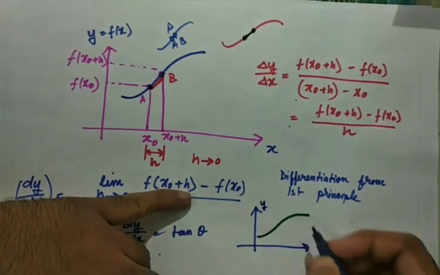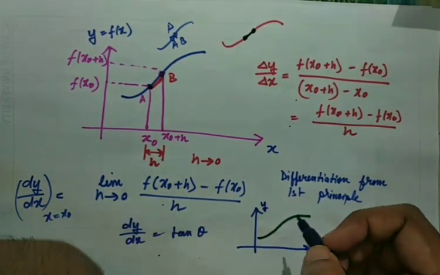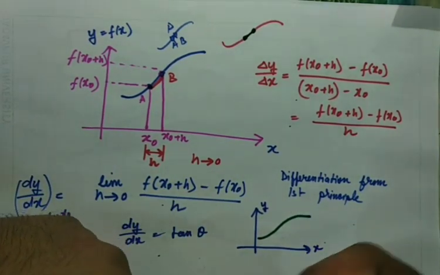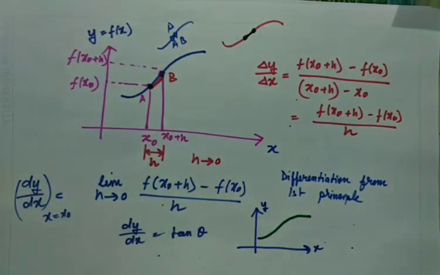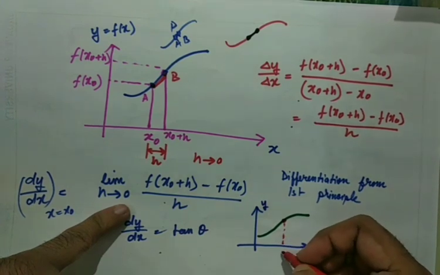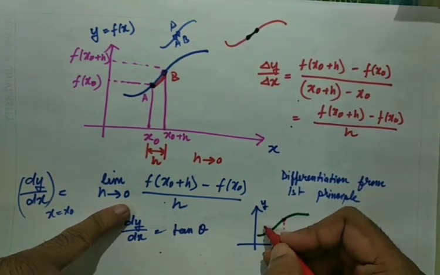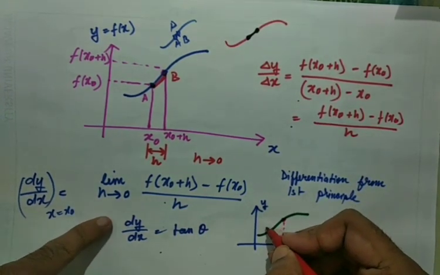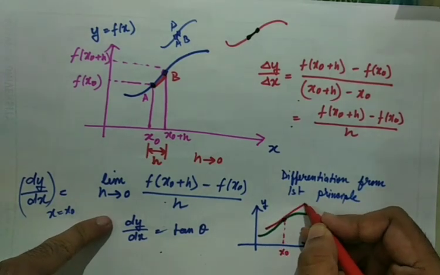This is y, this is x. We are finding the derivative, let's say, at a point P. This P is, let's say, x naught.